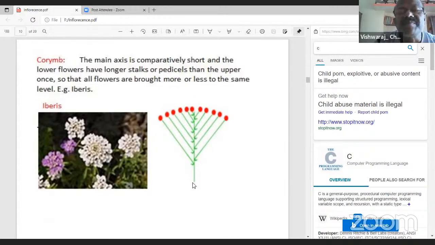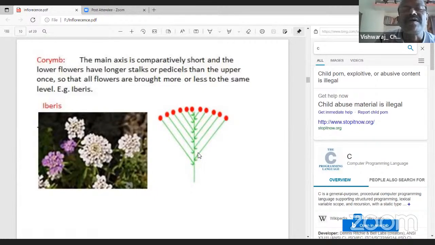This is the main peduncle. On this peduncle, the lower pedicels are longer, then some are shorter, and the upper ones are short.